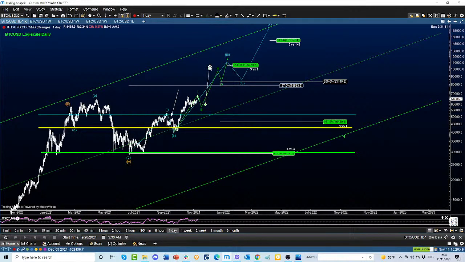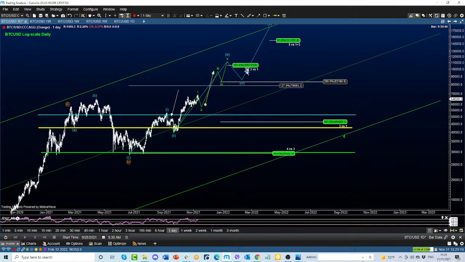So wave 3 of 3 is always very strong, and it's always very vertical on the upside. So that is a relatively no-brainer, because these levels, which I'm basically looking for a possible reversal of 70 to 75K, will be pierced through very easily, and we will not see Bitcoin looking back.